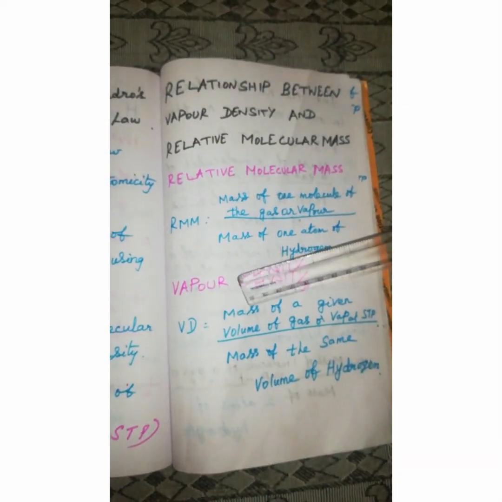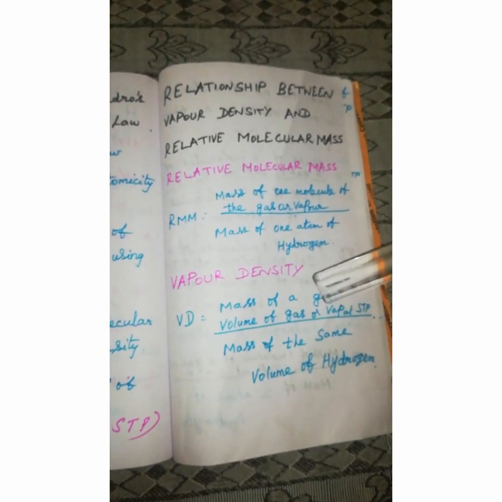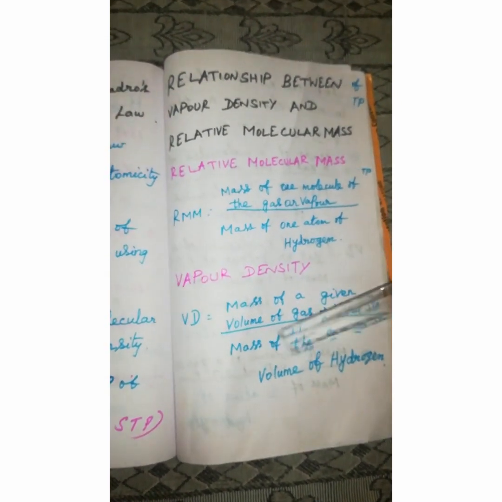So we can write mass of one molecule of gas or vapor divided by mass of one molecule of hydrogen at STP. Then hydrogen is a diatomic molecule, so vapor density equals mass of one molecule of gas or vapor divided by mass of 2 atoms of hydrogen. One molecule of hydrogen equals 2 atoms of hydrogen.